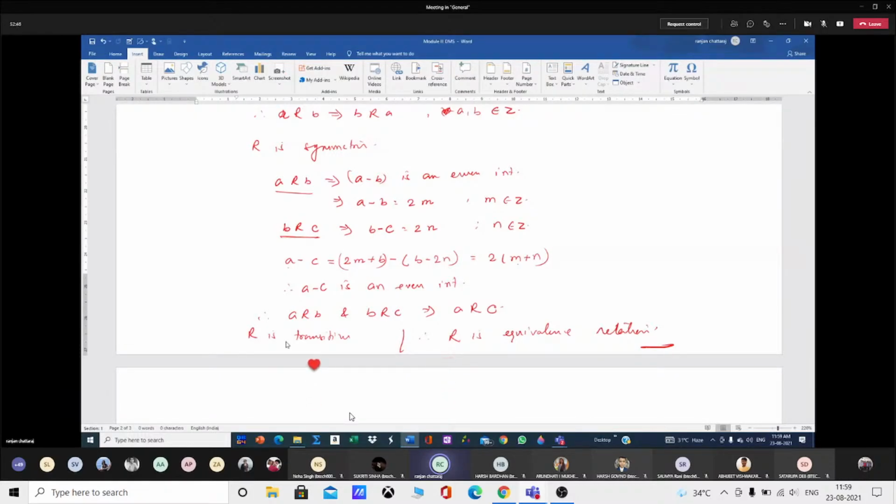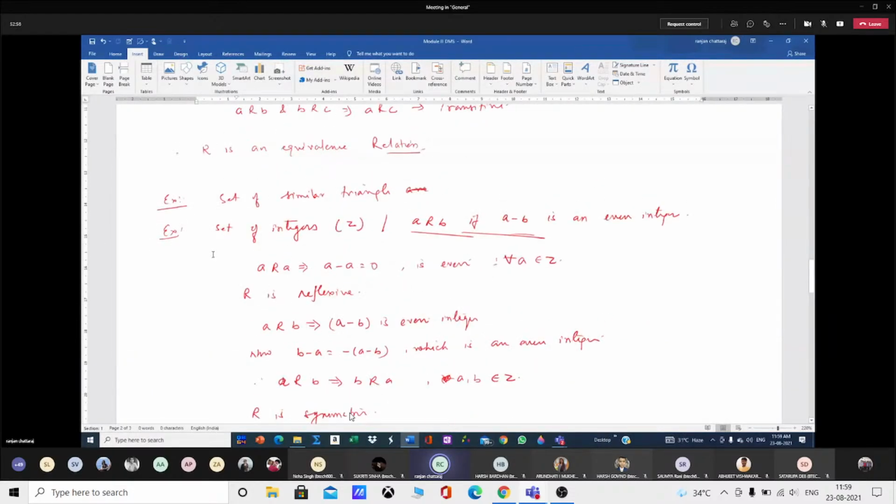Actually the problems arise for transitivity, so we need a proper algorithm to check whether a relation is transitive. Reflexive and symmetric are not so tough.